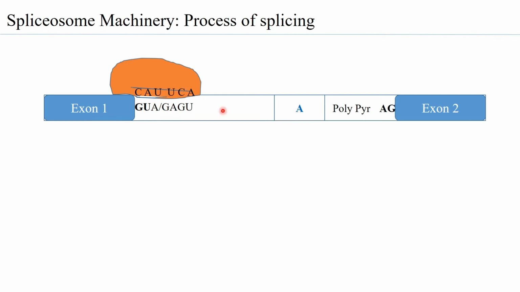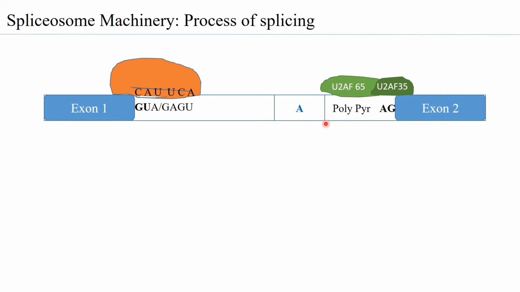snRP. Then what comes in is a second protein which is called the U2 auxiliary factor. This U2 auxiliary factor has two basic subunits. One is the large subunit at 65 kilodaltons and the other one is the small subunit at 35 kilodaltons.